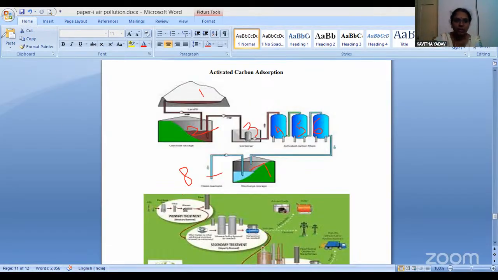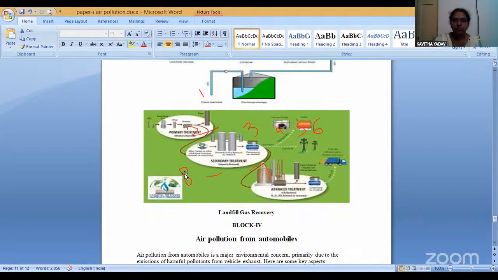Then coming to the next one, landfill gas recovery.